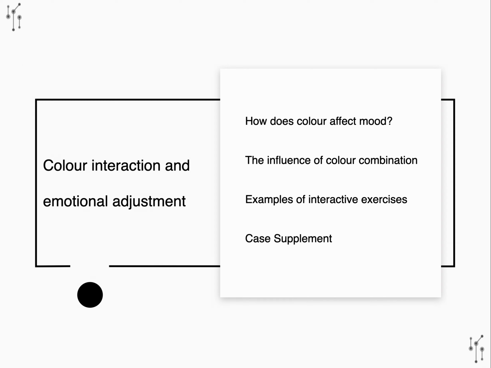Next, let's talk about color interaction and emotional adjustment. How does color affect the mood? Some studies have shown that color can directly affect mental and physical states. For example, blue and green are commonly used to relieve anxiety and nervousness.